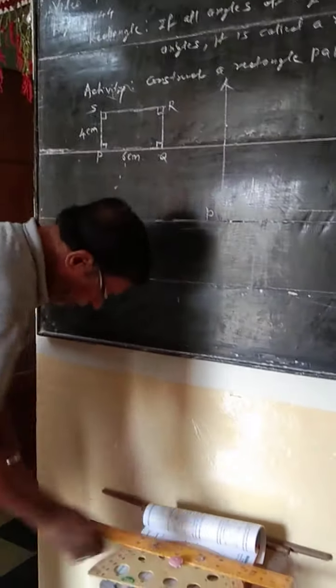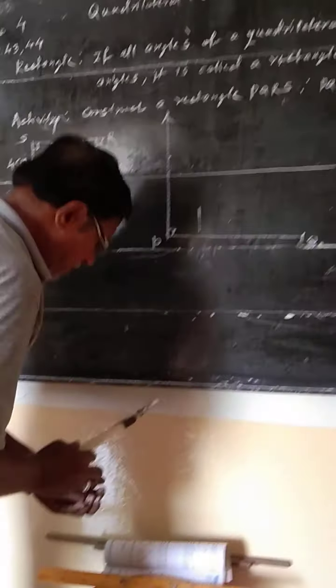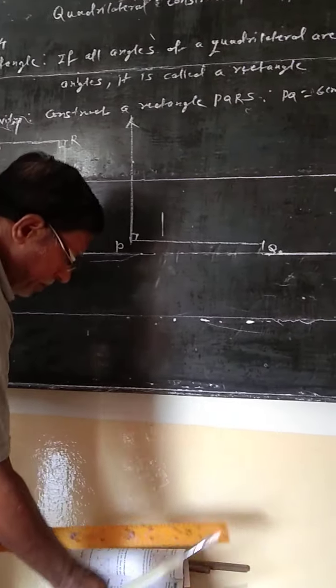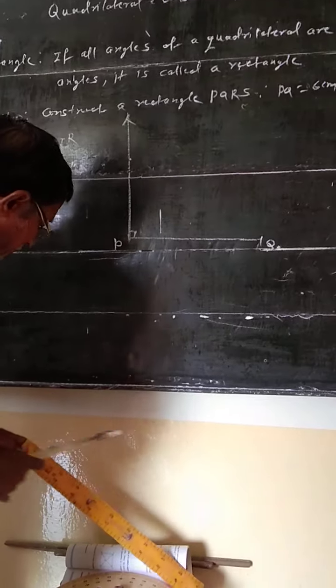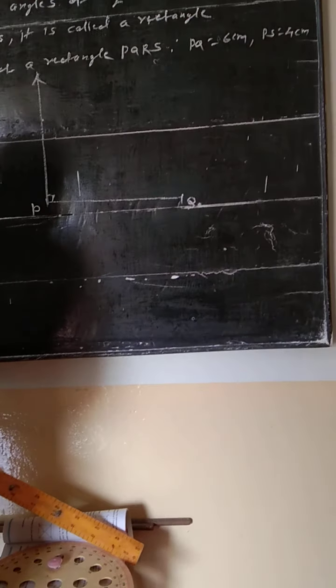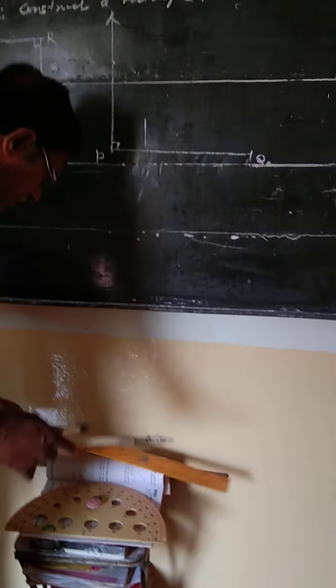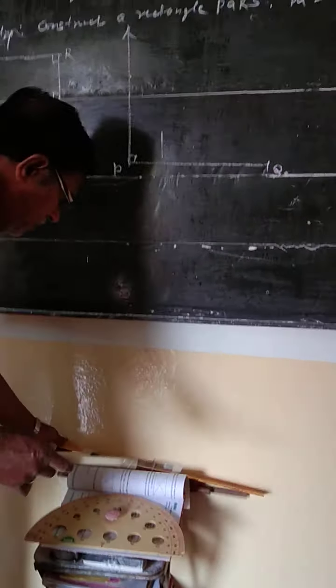On this ray, take 4 cm. On this ray, draw an arc of 4 cm. So this point is S, 4 cm.